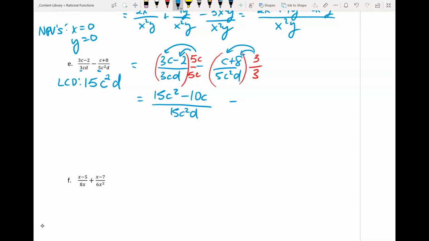Our next rational, the 3 is going to go with the c, so it's 3c plus 8 times 3 is 24. And then our LCD on the bottom. Now I can write this under one denominator.